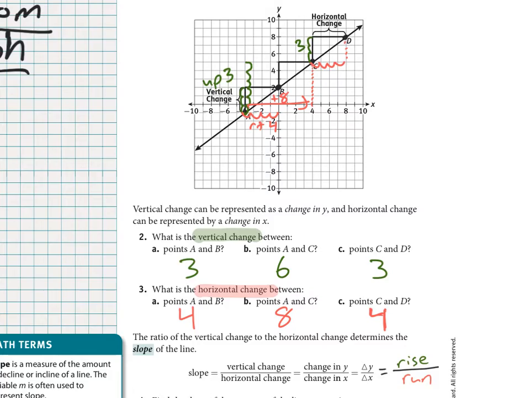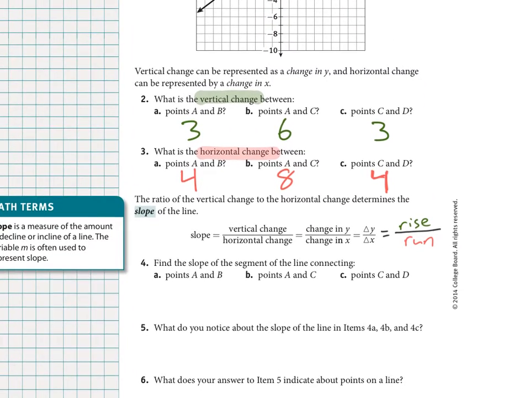So let's go ahead and move down to number 4 here. So when we build these slopes, these ratios, we're putting the change of y on top. So that first change was up 3 and then over to the right 4. So 3/4 is the ratio for the slope.